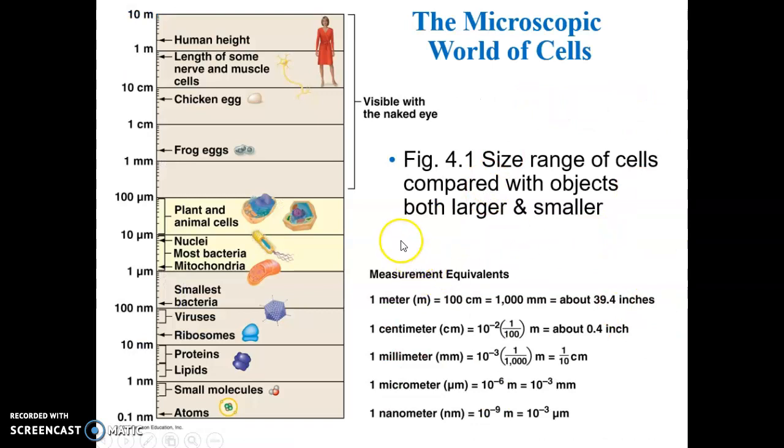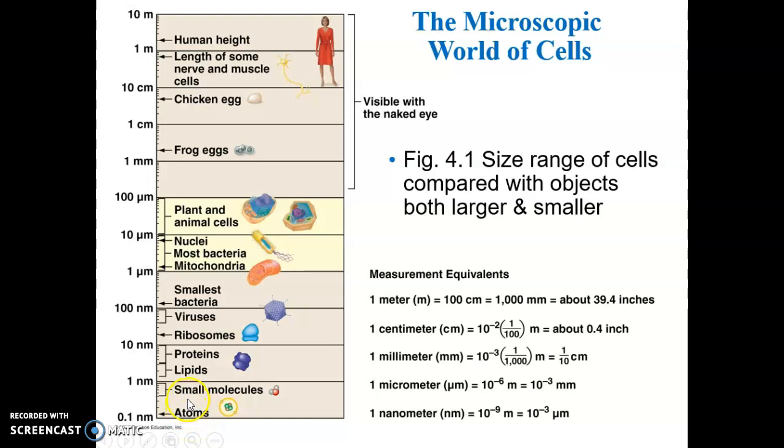So here in figure 4.1, we get a basic size comparison of cells and subcellular structures, and then multicellular organisms. At the smallest end, notice this is 0.1 nanometers. That's the size of atoms.